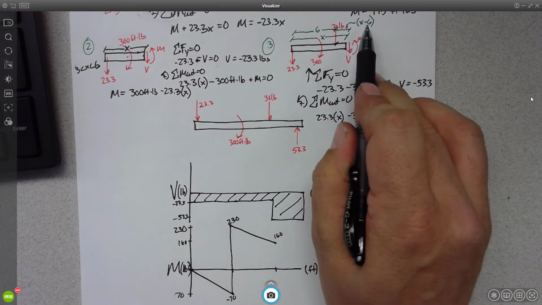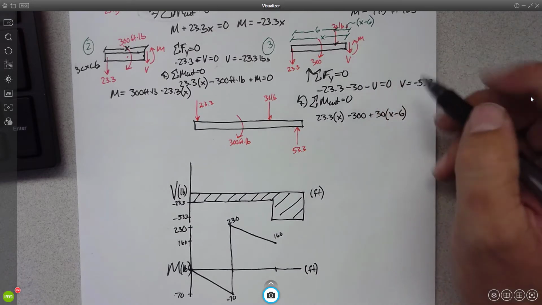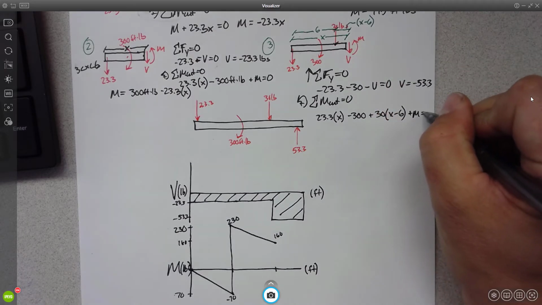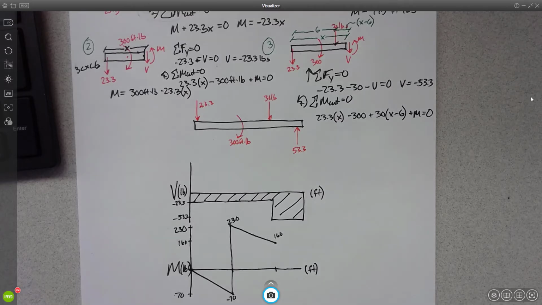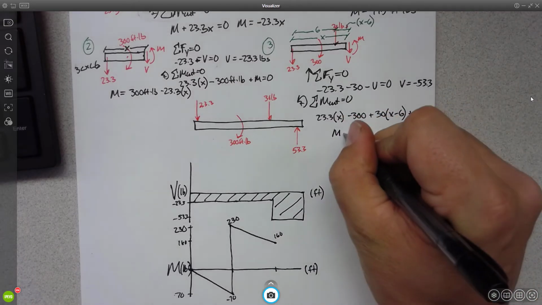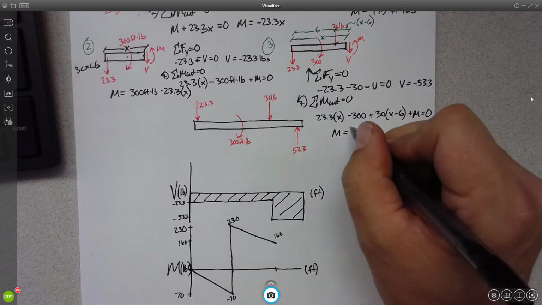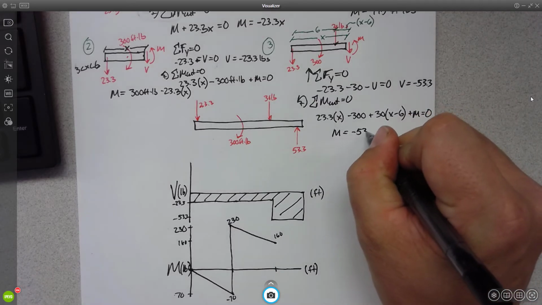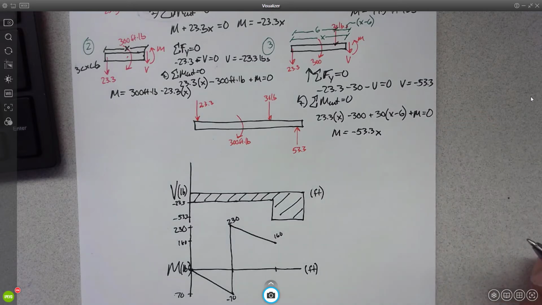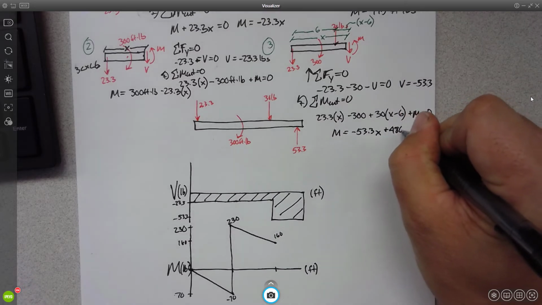That's what we decided the distance from the cut to the 30 pounds was, x minus 6, plus m equals 0. So it looks to me like m would be equal to negative 53.3x plus 480.